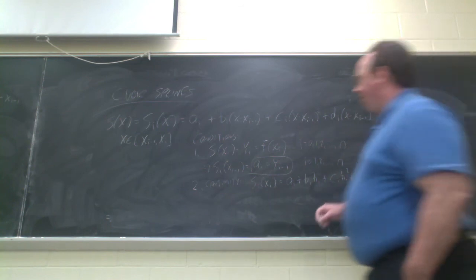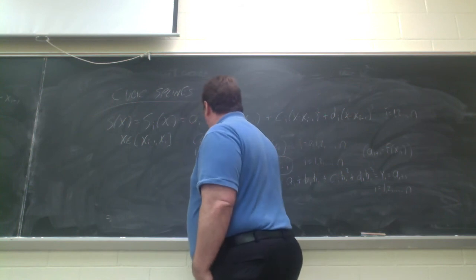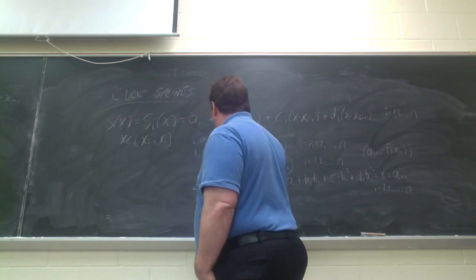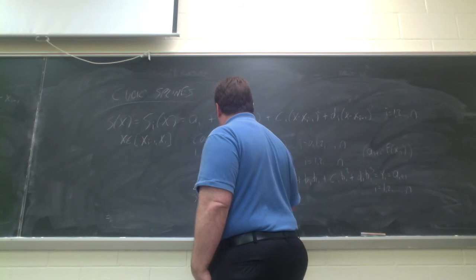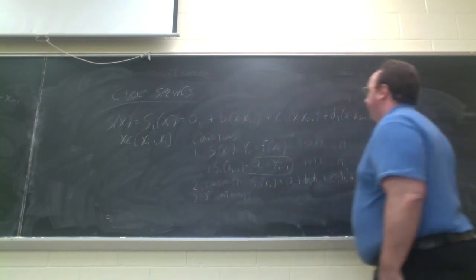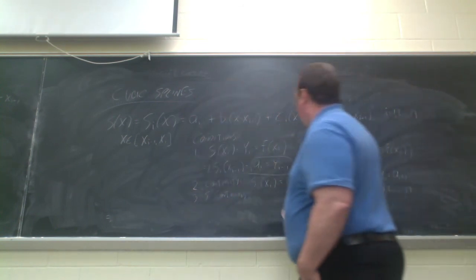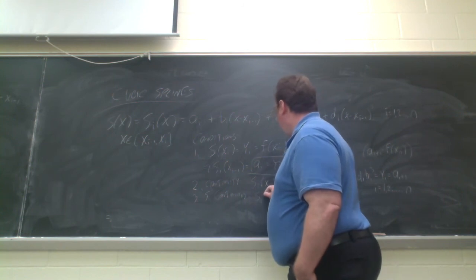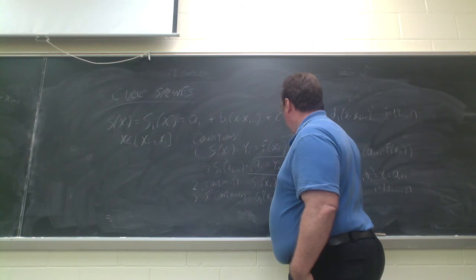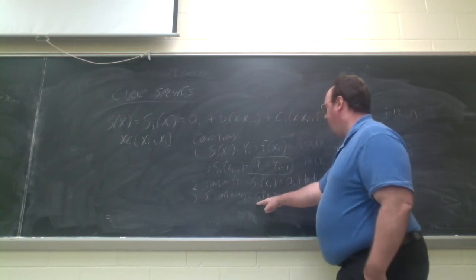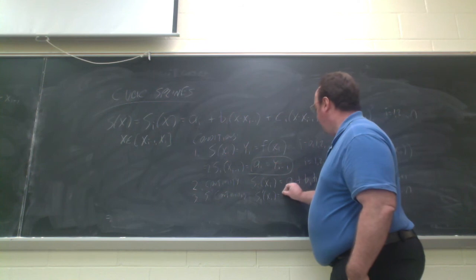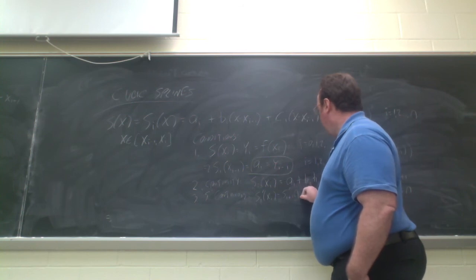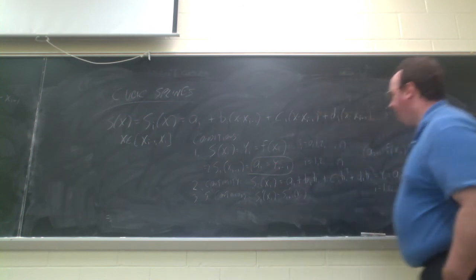What I want is for s prime to be continuous. So I want Si prime at xi, the value of the derivative at the right endpoint of each piece, to equal the value of the derivative at the left endpoint of the next piece.